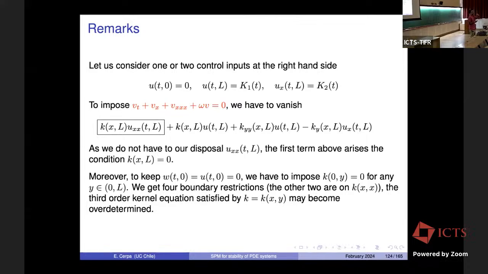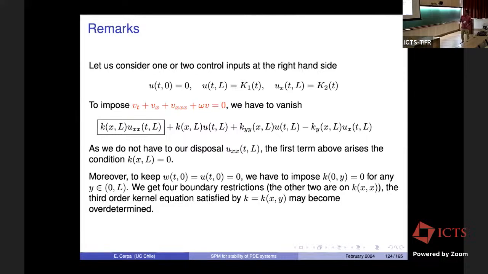You can even play with two of them, but as this backstepping method is defined by finding some transformation on the system, these two controls K1 and K2 will be given by the transformation. So you don't get much more freedom when dealing with the backstepping method with more than one control acting on the boundary.